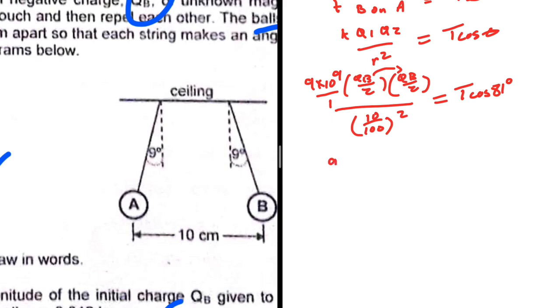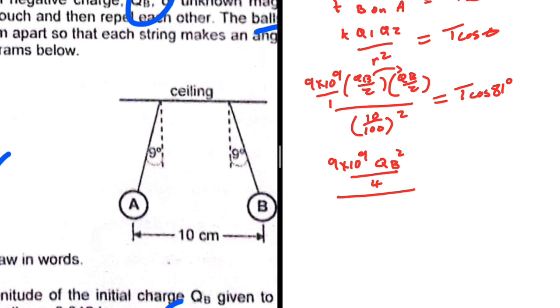So we're going to have 9 times 10 to the power 9 times QB squared, divided by 2 multiplied by 2, which is 4. Everything divided by, now we are concentrating on the denominator, 10 over 100, everything squared.